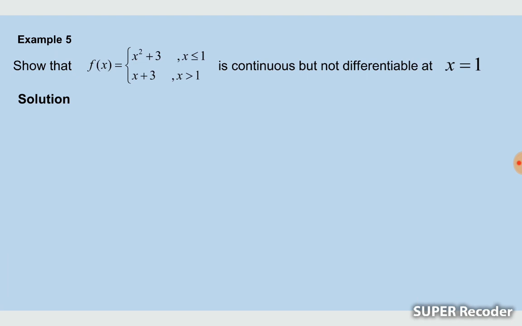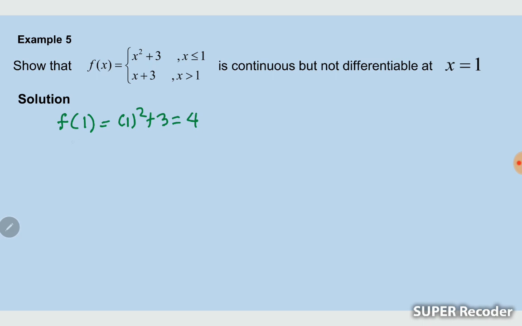So to show that the function is continuous, like you have learned in the chapter on limits, you have to show three things. The first one is, what is f(1)? f(1), that is when x equals 1, f equals 1 squared plus 3, that is 4.